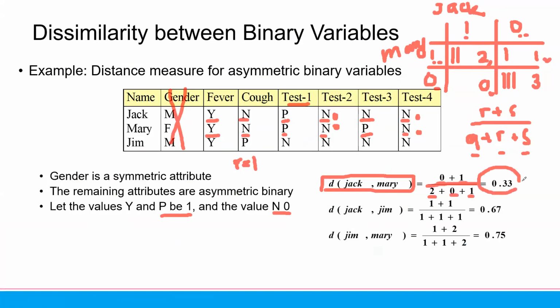Then the result is 0.33. This is the distance between Jack and Mary.